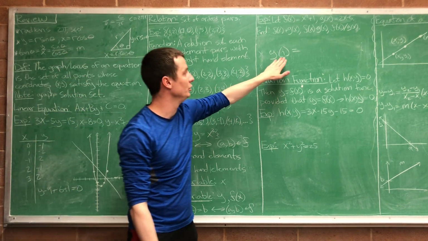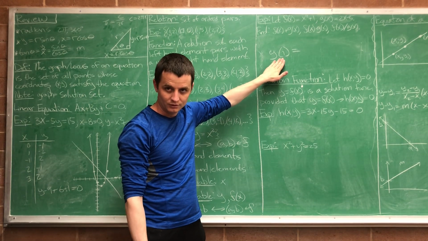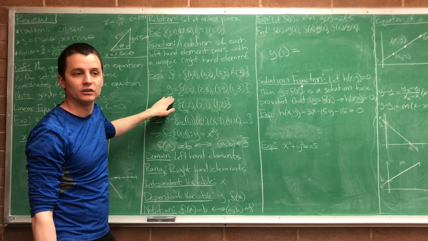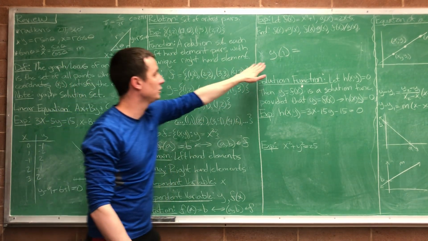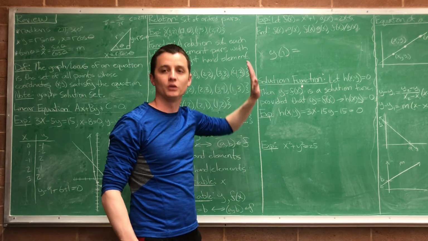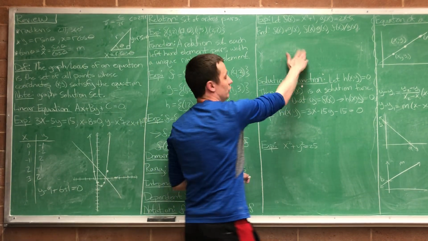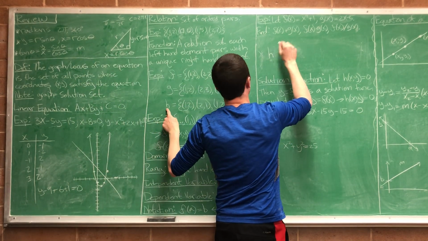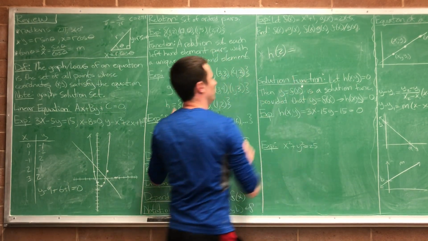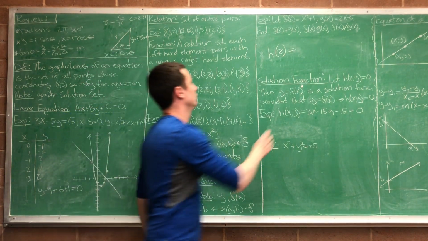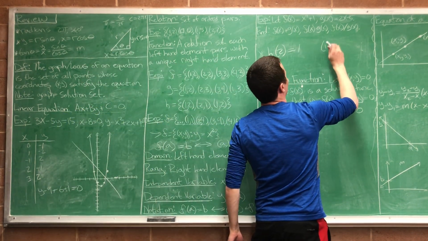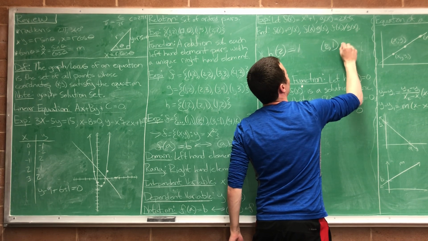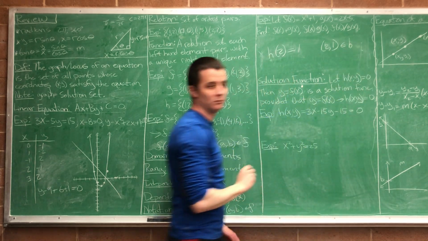This notation only makes sense with functions. g here is just a relation, it's not a function, so this notation doesn't make sense for g. However, if I ask what's h of 2, the answer is 1. Or in other words, 2 comma 1 is an element of h. That's what that means.